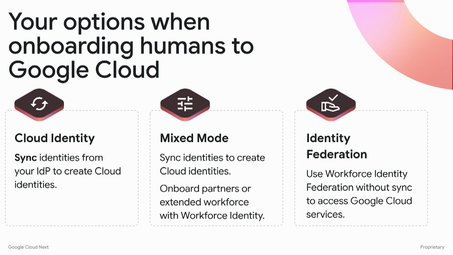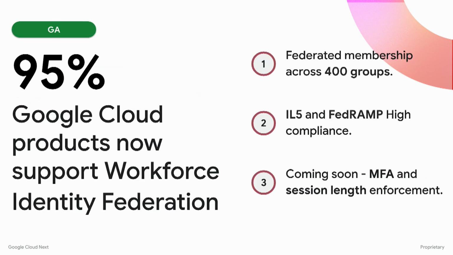Identity federation allows you to have that kind of capability. My strong recommendation, if you're starting with GCP fresh, just use identity federation. It's easy, it's quick to set up, it gets you going. But if you're already using Cloud Identity and if you have targeted use cases for additional IDPs, again, consider using Workforce Identity Federation.